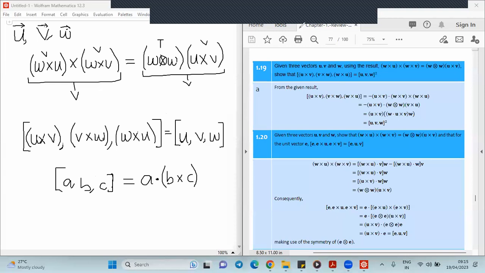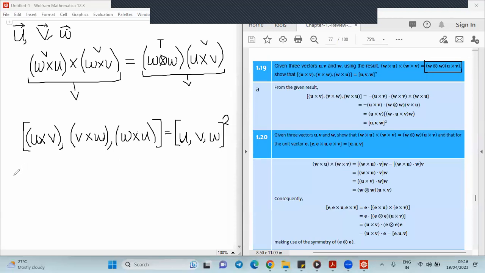So basically, when we take the triple dot product of what's on the left-hand side, we're going to end up with the square of the triple dot product on the right-hand side. Let's go ahead and solve. We need to arrange the expression on the left-hand side so that it aligns with the proof we were given in the question, which is W cross U cross W cross V equals W dyad W, U cross V. So this is what we're going to do.